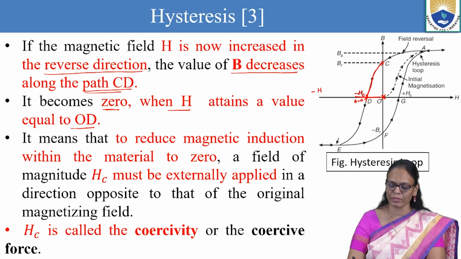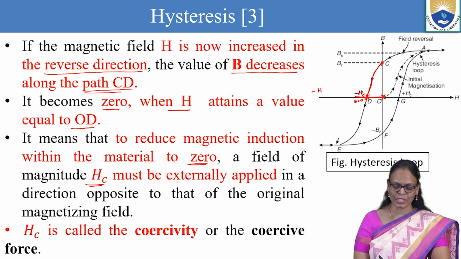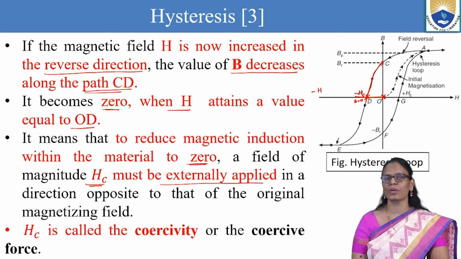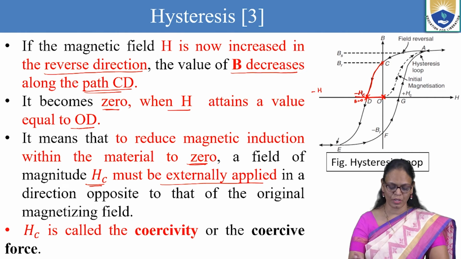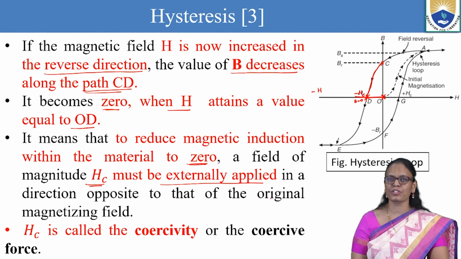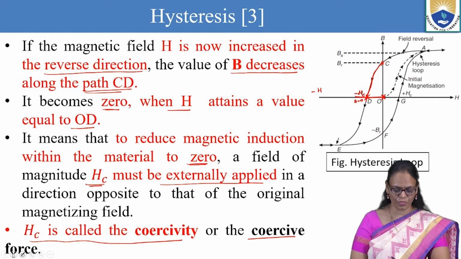So this is OD, O to D. It means that to reduce the magnetic induction inside the material to 0, a field of magnitude Hc must be externally applied, in the direction opposite to the original field. And this Hc is called coercivity or coercive force.